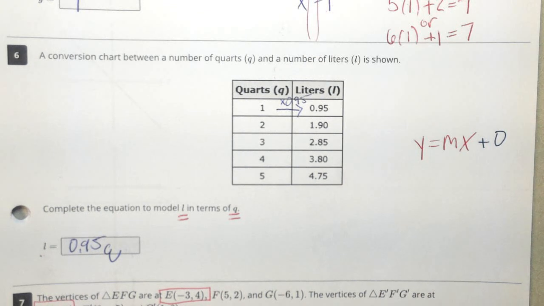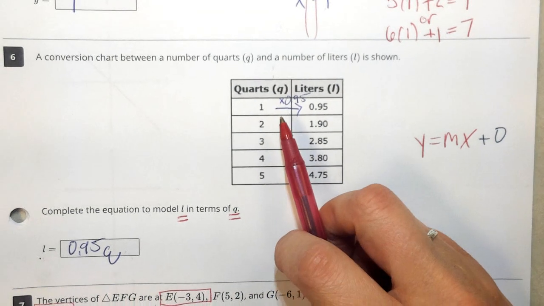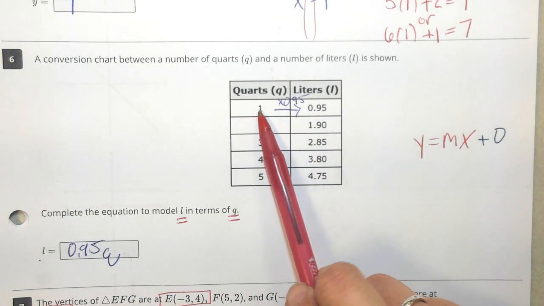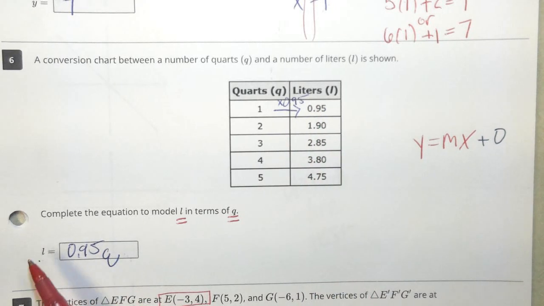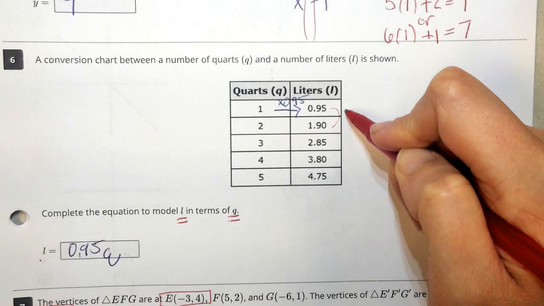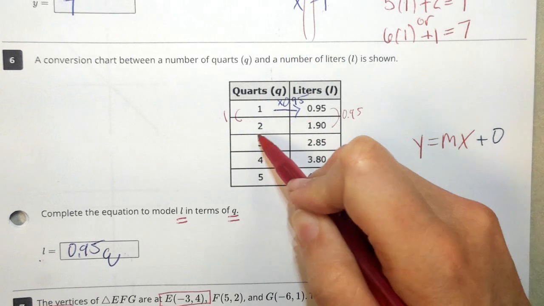So when we look at it, since it's proportional, there's multiple ways to think it through. In the past, most people have looked at it as either you take 1 times that amount to get to your L, so Q times that amount always gets you the liters, or people have noticed that as it goes up by 0.95, it goes up by 1, and it does that every single time.